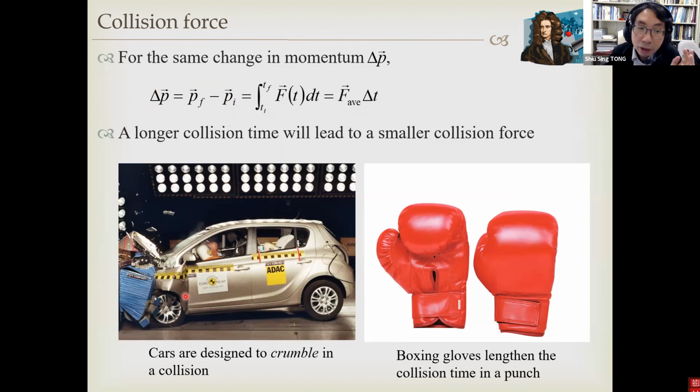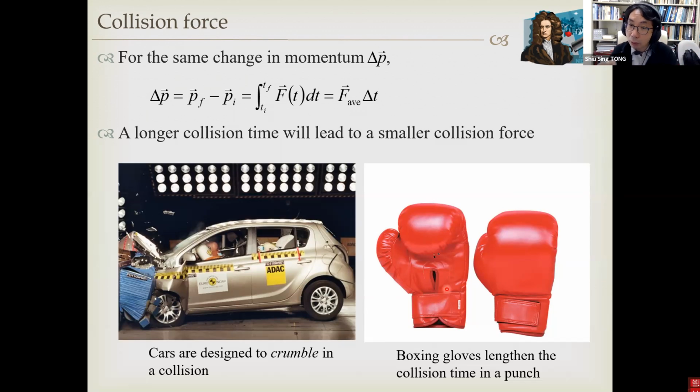But if the car has a crumple zone, that means the front part of the car is designed to crumple rather slowly, then there's a longer time of collision. And if you have a longer time of collision, according to this equation, the average force or the true force of collision will be smaller. So that's why the crumple zone, which lengthens the collision time, will allow you to reduce the collision force.